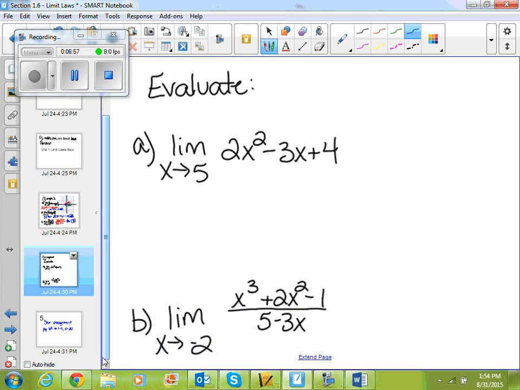So we're going to do the same thing for functions a and b. If I'm given the limit as x approaches 5 of 2x squared minus 3x plus 4, I know that I can evaluate that limit for each of my pieces. So the limit as x approaches 5 of 2x squared minus the limit as x approaches 5 of 3x plus the limit as x approaches 5 of 4.